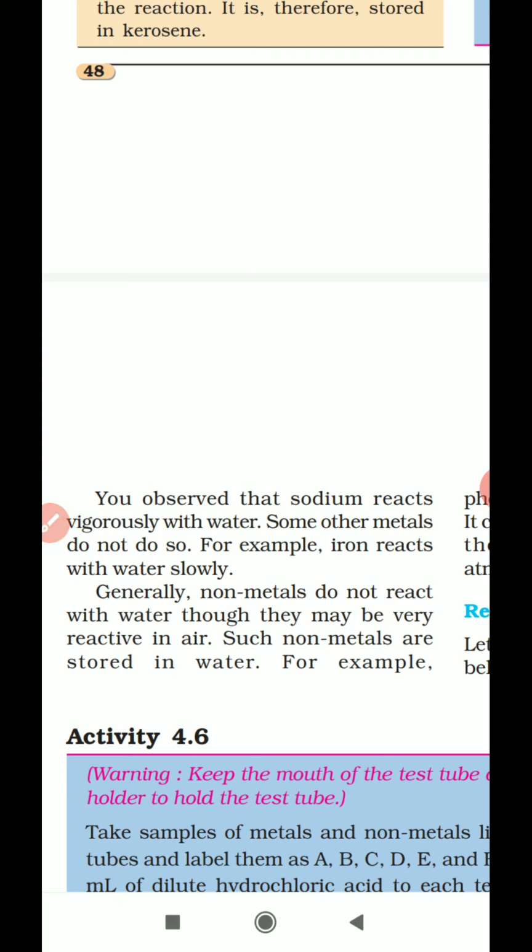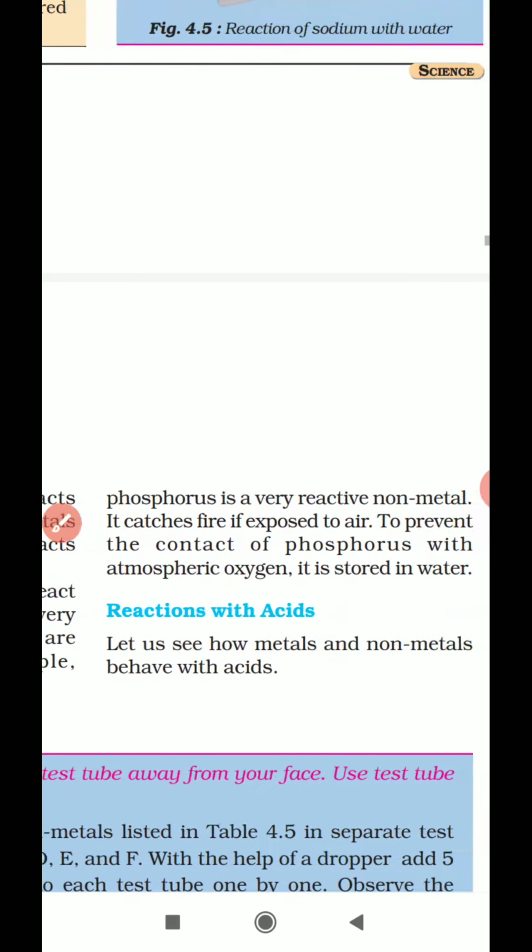What about non-metals? Non-metals usually do not react with water at all. Non-metals react with oxygen, but they will not easily react with water to give any products.